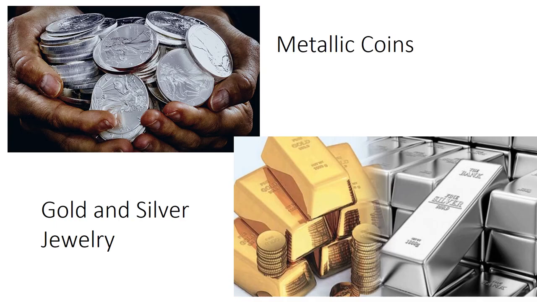You can check here the metallic coins and the jewelry made of gold and silver are glittering, having shine and bright. So they are examples of lustrous materials.